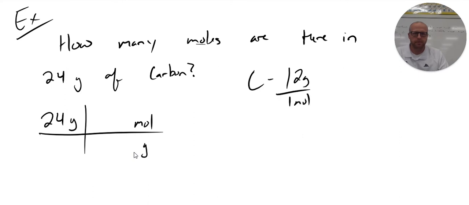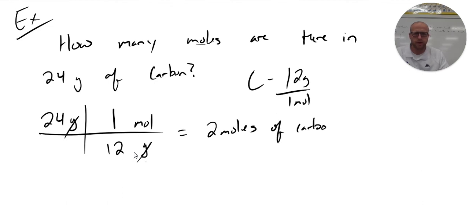Can I use this conversion factor to convert away from grams? Yes. I can use this conversion factor to cancel out grams and get to moles, cancel out moles and get to grams. So I know that in every 1 mole, there are 12 grams. So my grams cancel out. I have 24 divided by 12. Gets me 2 moles of carbon.